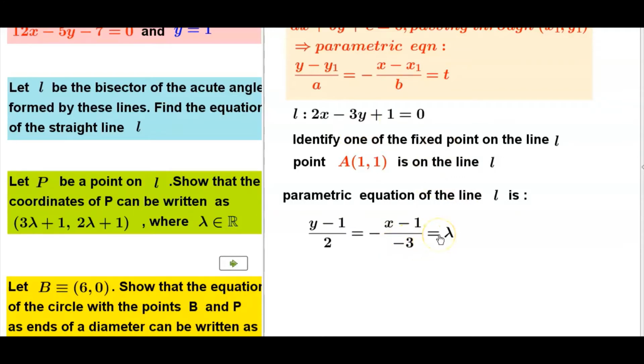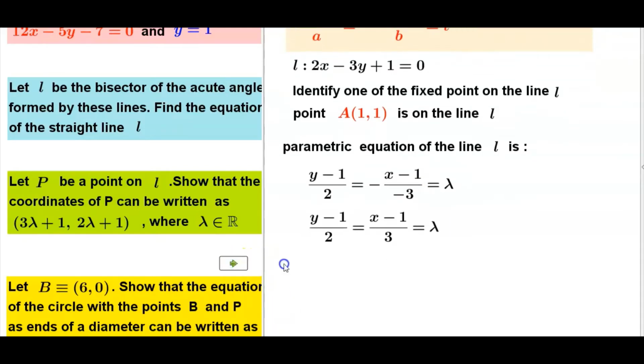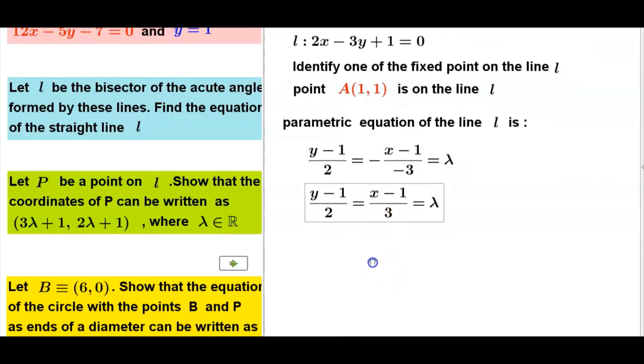Now say lambda is the parameter. Multiplying minus into minus gives positive, so (y minus 1) over 2 is equal to (x minus 1) over 3, equal to lambda.